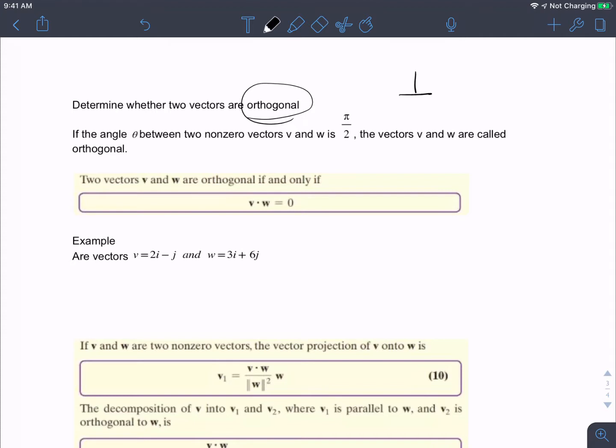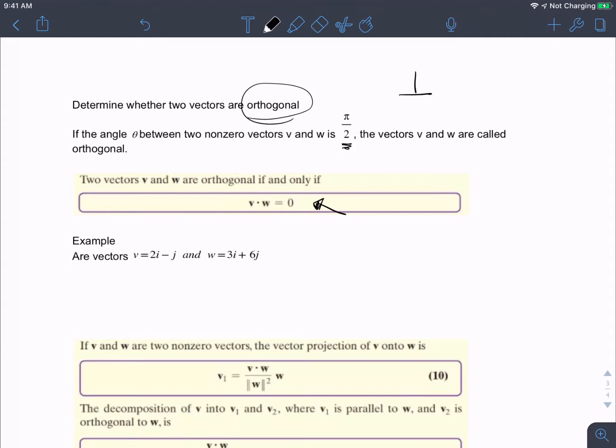And so when we have something that is orthogonal, the angle between the two vectors is going to be pi over 2. And so another way to show it too is that the dot product ends up being equal to 0. So that's probably the easier way to do it. Instead of trying to find the angle, just show that the dot product is 0.